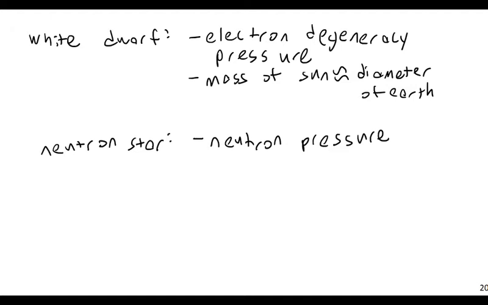Imagine an entire star compressed to that. So this is neutron pressure, and you have approximately the mass of the sun, and approximately 10 miles across, or a few miles across. The size of a city.